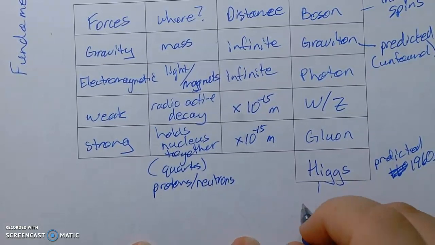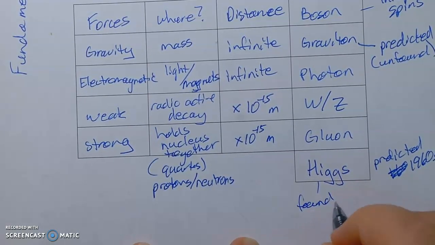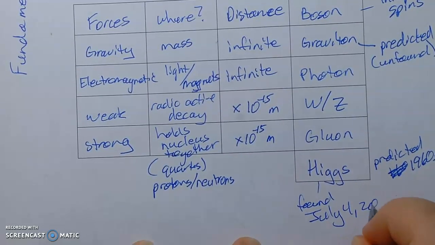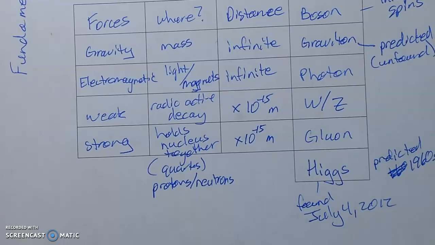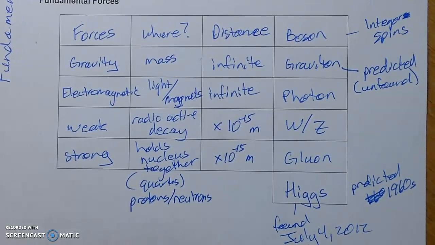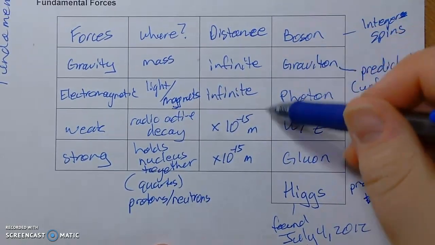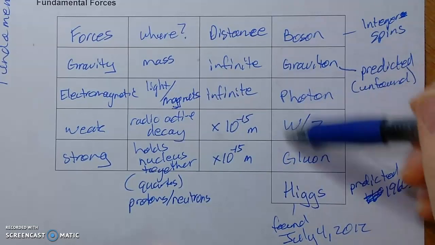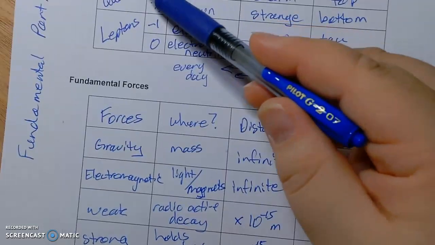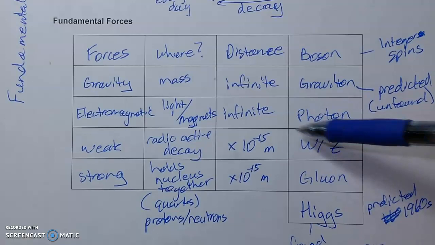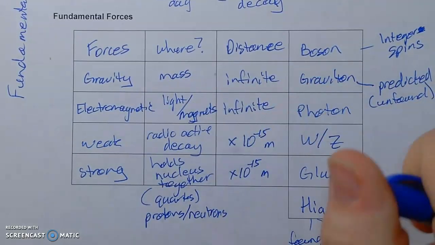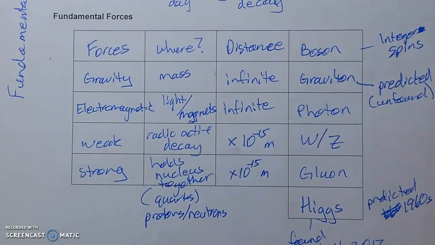They actually found it in a super collider July 4th, 2012. So not that long ago. Science is still finding things. But all of these are fundamental particles. They're bigger than the quarks and leptons, but they carry the force. The force.